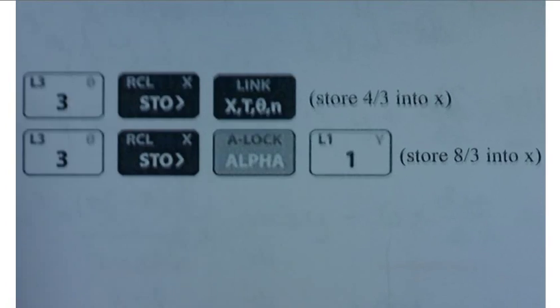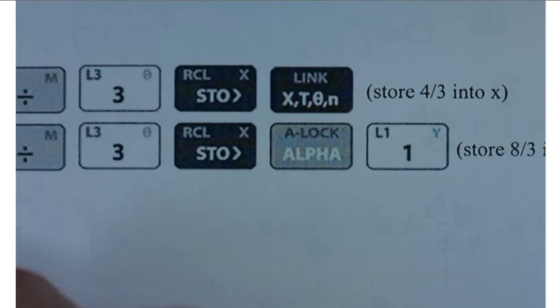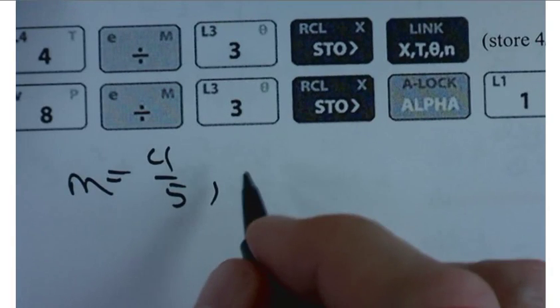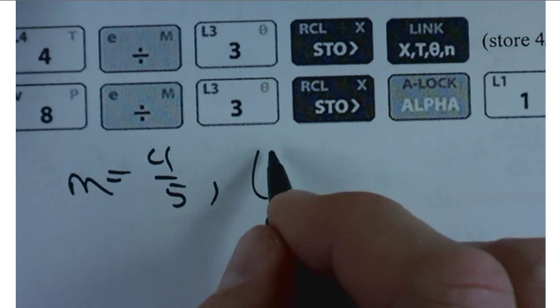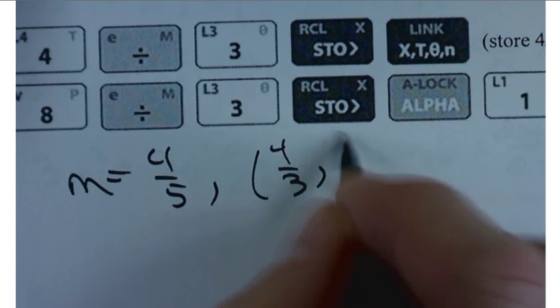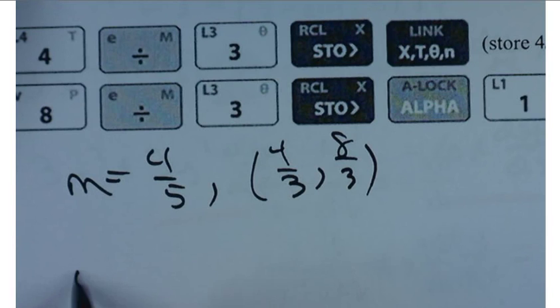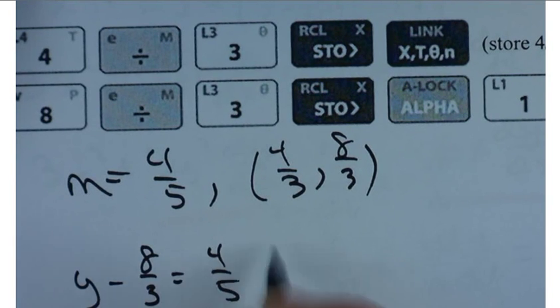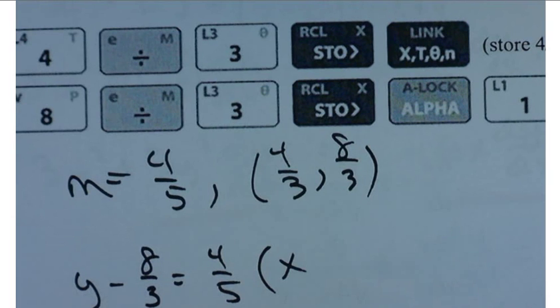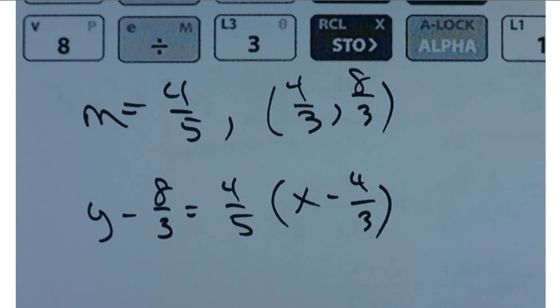Now that you have the slope, you can actually find the equation of the tangent line. So the slope was 4/5. So the equation of the tangent line, with the point coordinates 4/3 and 8/3, would be y minus 8/3 equals 4/5 times x minus 4/3.